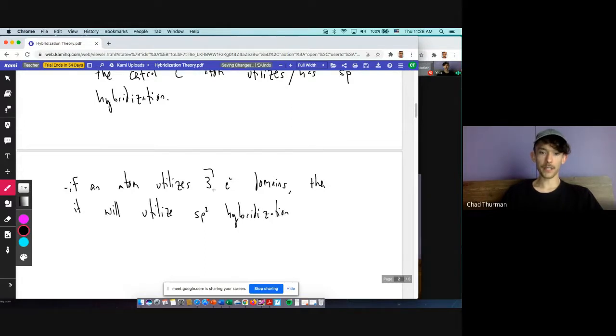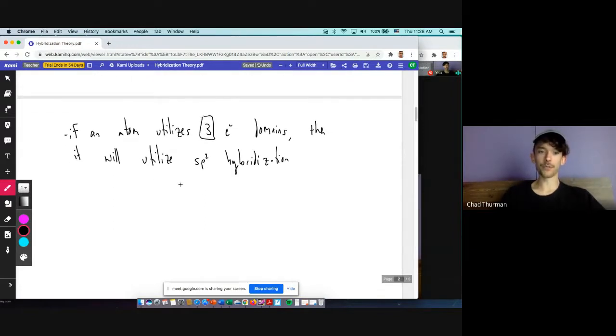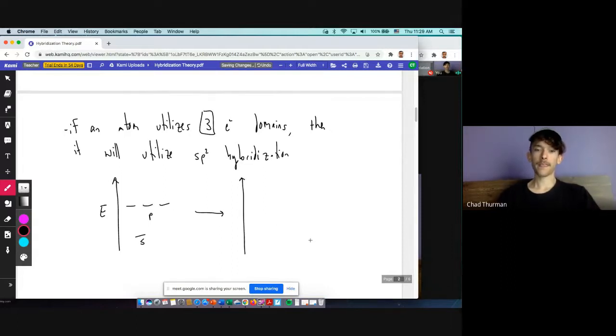What does that mean? That means that when in a molecule, the atom needs 3 equal energy orbitals to hold electrons. It just needs 3 of them. So it's going to take 1 of the s.